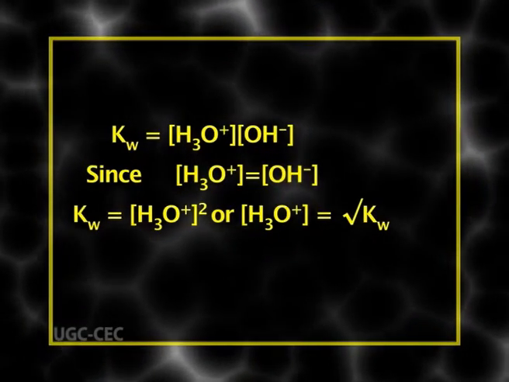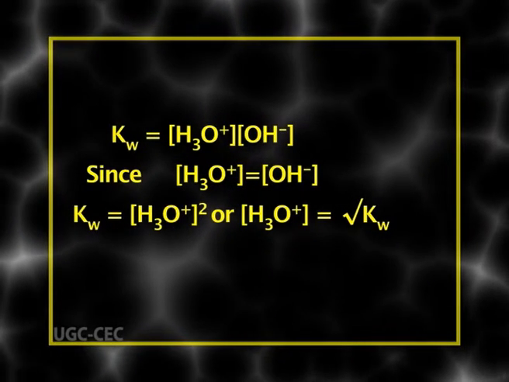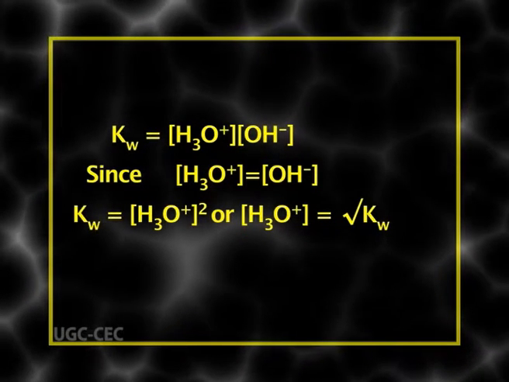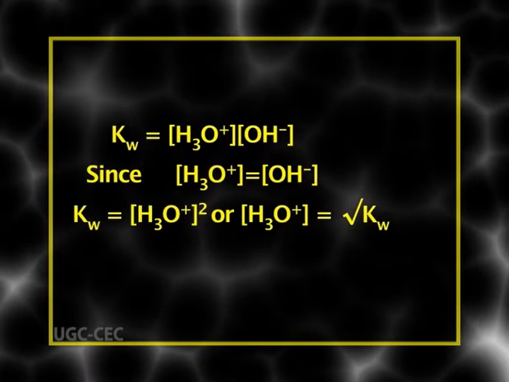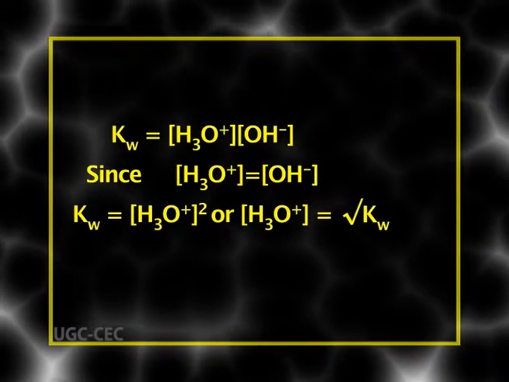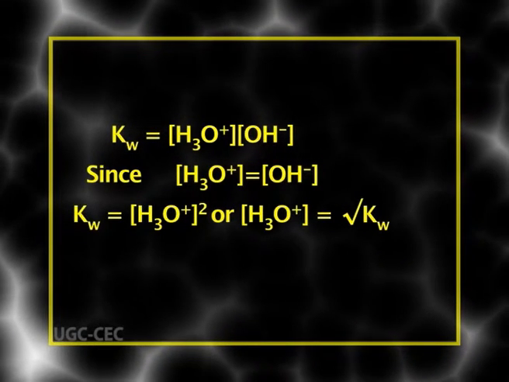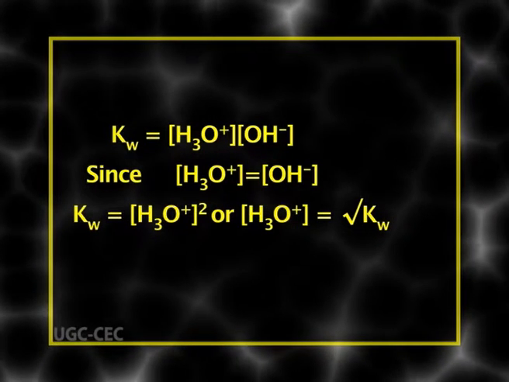Therefore, the ionic product of water Kw is equal to the product of concentrations of H3O⁺ and hydroxyl ion. Since the concentration of hydronium ions is equal to the concentration of hydroxyl ions, we can have Kw equal to the square of the concentration of hydronium ion.